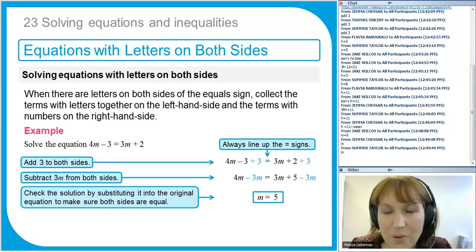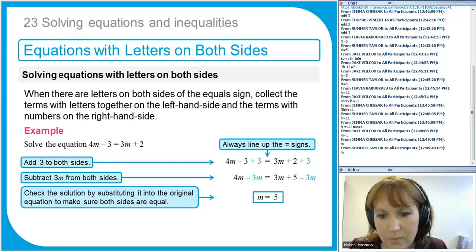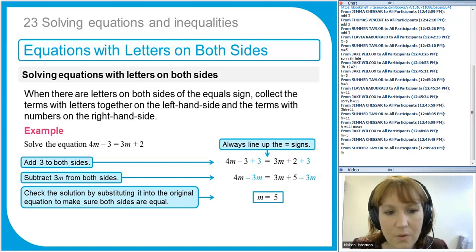Check that both sides are equal. It's a little bit more difficult here because there's more things involved, but check that if you substitute it back into the original equation, you get an equal statement. So if m is 5, 4 times 5 is 20. Take away 3 is 17.